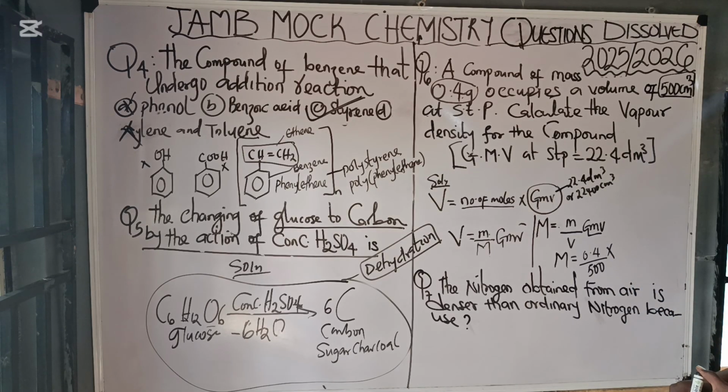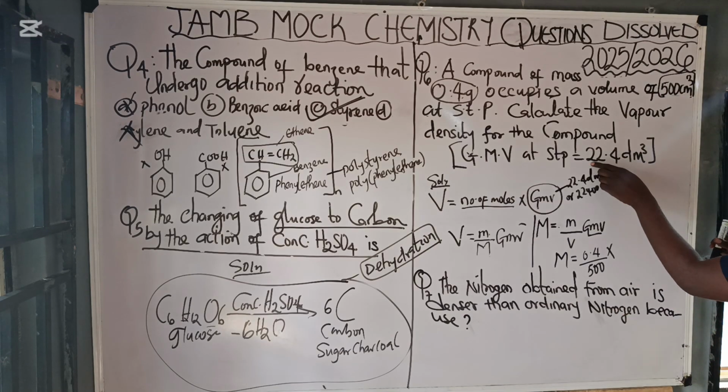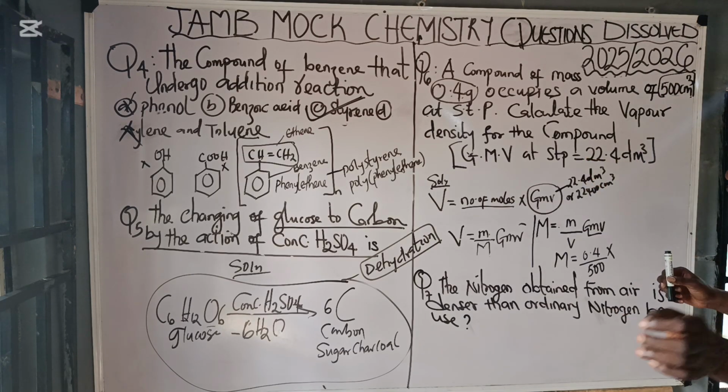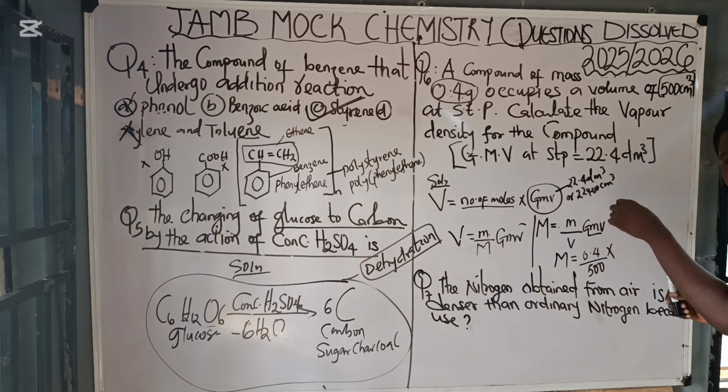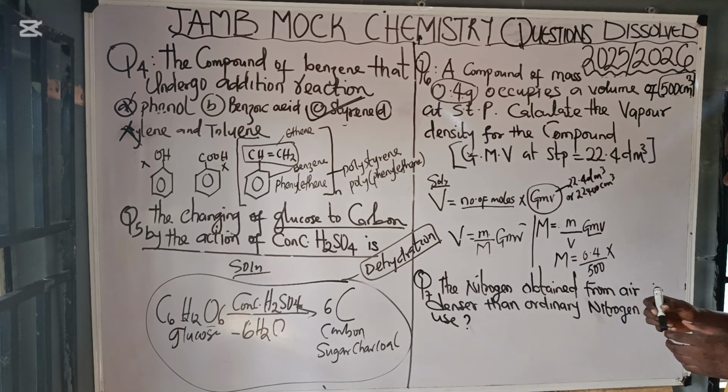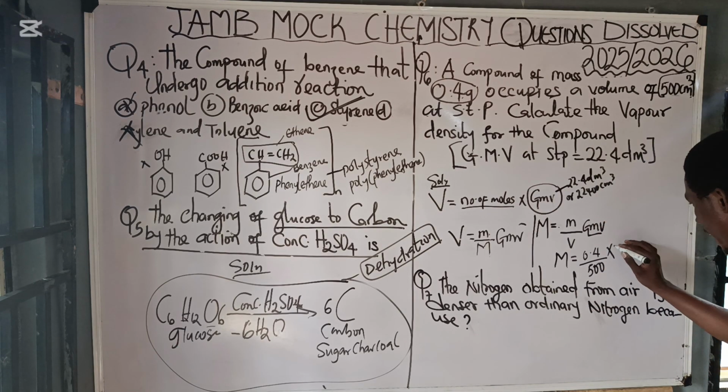What's the gas molar volume? It is given to us as 22.4 dm cube. Now, this is in the unit of dm cube. Since your volume here is in cm cube, you wouldn't use 22.4 dm cube. No, you use 22400 cm cube. Do you understand? So you are times 22400.